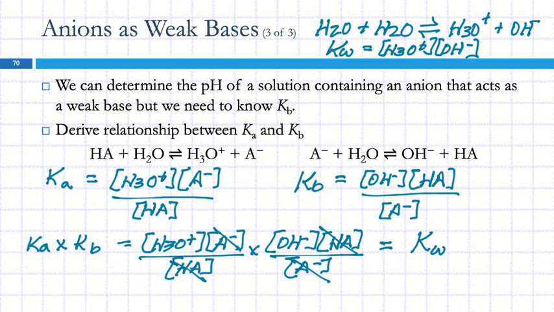Any questions? Ka times Kb is going to equal Kw, which is 1 times 10 to the minus 14. If Ka is a bigger number, that means Kb must be smaller in order for the product to remain the same.